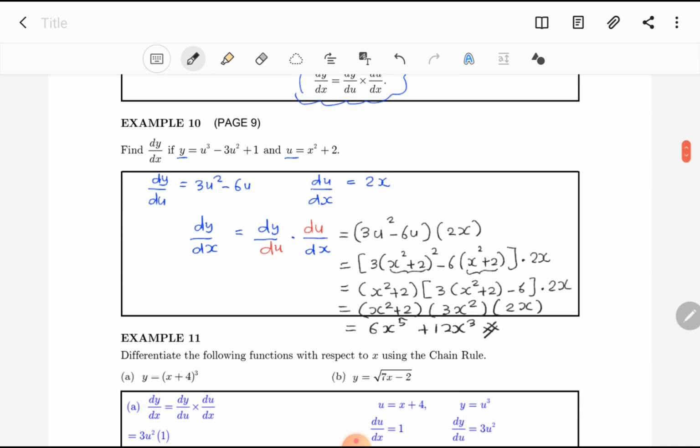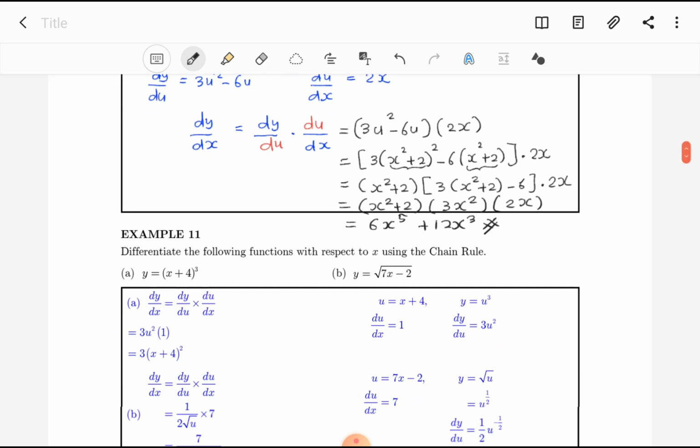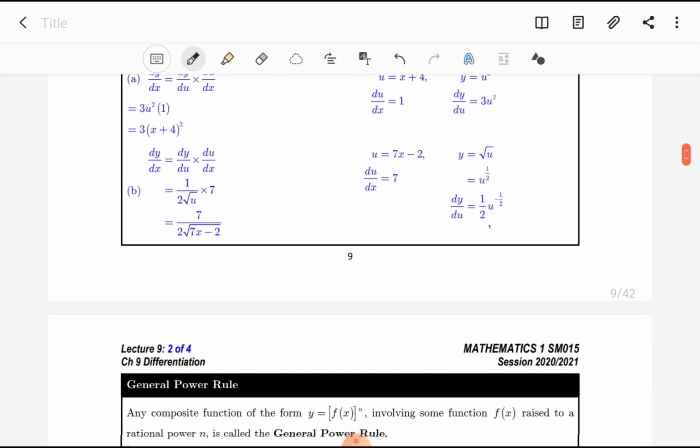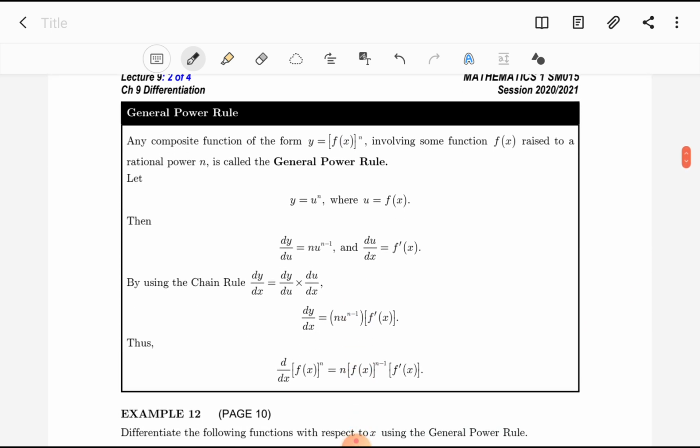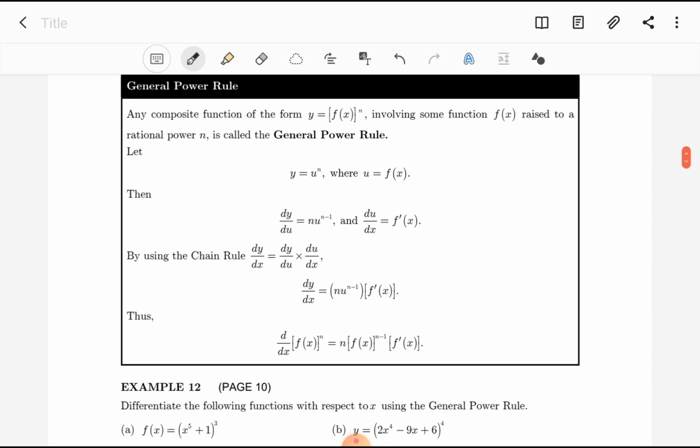Okay, we have done example number 10. The next one is about the power rule. For the power rule, let's say we have y equals u to the power of n. So, dy/du equals n times u to the power of n minus 1.